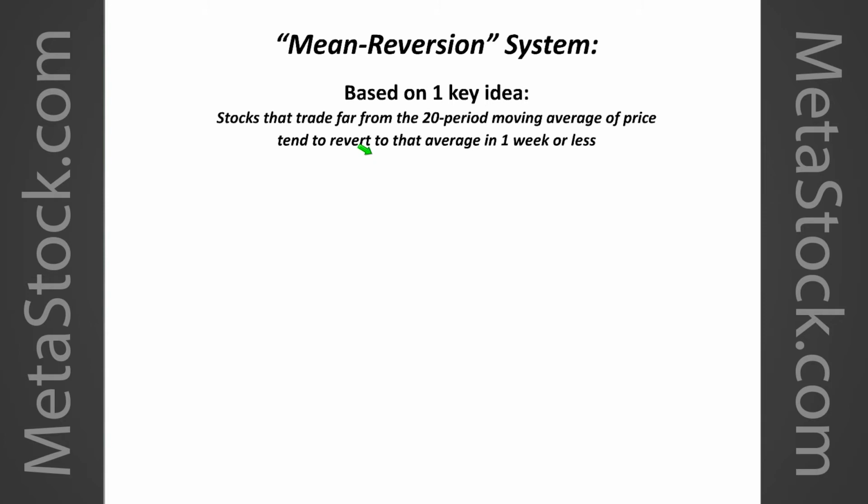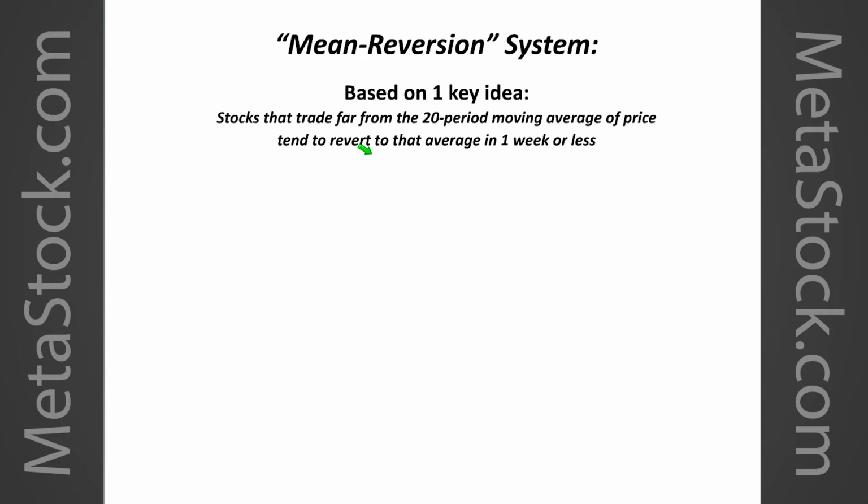There are varieties of them out there, but it's based on one key idea, and that is that when stocks make extreme moves in price away from their 20-period moving average, and I use the 20-period moving average because that really fits my particular trading profile. You can use a shorter-term moving average if you like more quick-term trades.